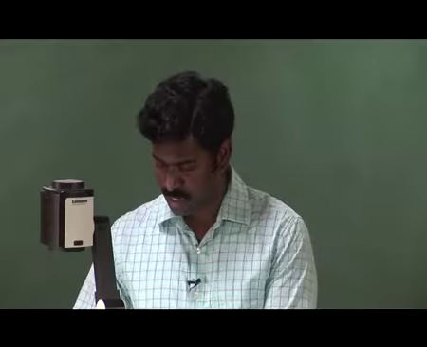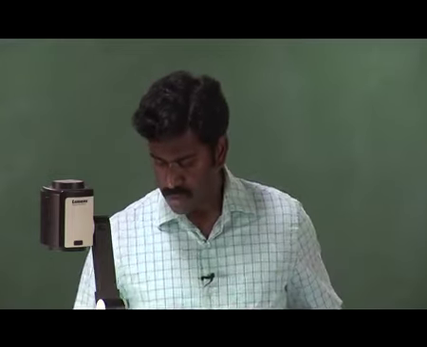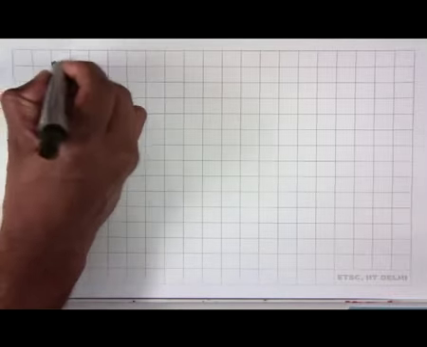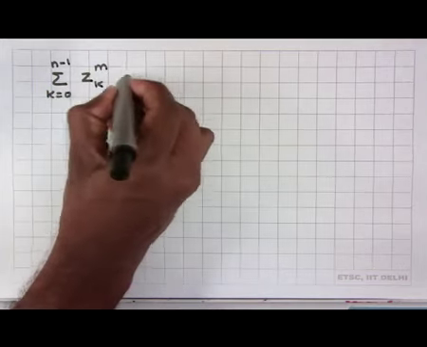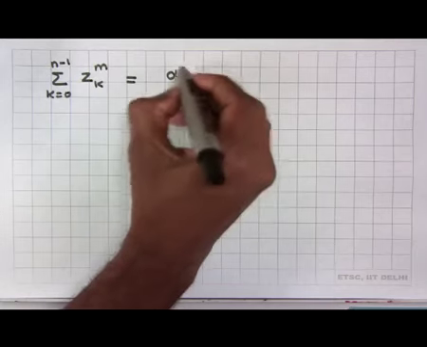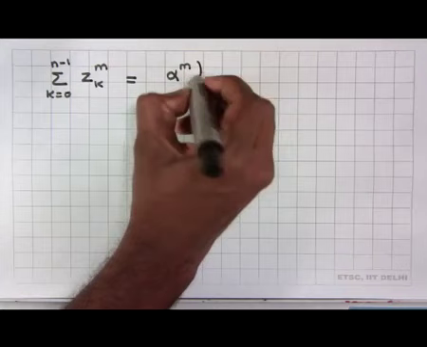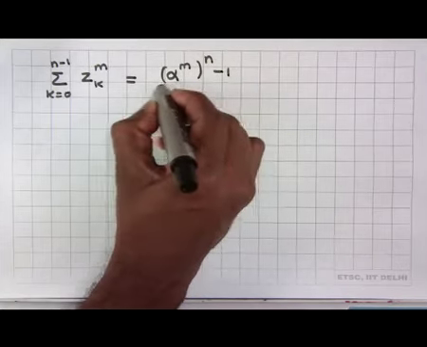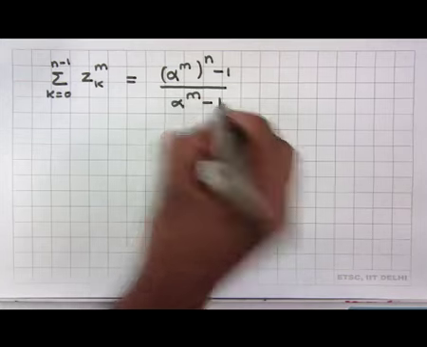Now, let me write the same sum value on the next page. Summation k equal to 0 to n minus 1 of z_k power m, its value we found as alpha power m, power n minus 1, divided by alpha power m minus 1.